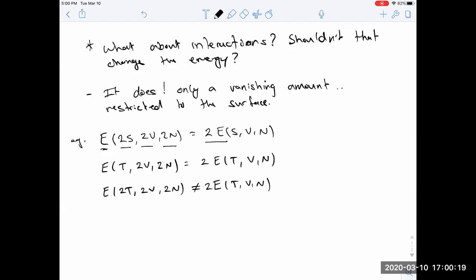I change the temperature, I'm probably going to change the energy, and not in some simple additive way. Similarly, if I take a system at fixed temperature and I double the volume, keeping the number of particles fixed, then I change the density. I'm not going to have just twice the energy of some system at fixed temperature, volume, and that constant number of particles.